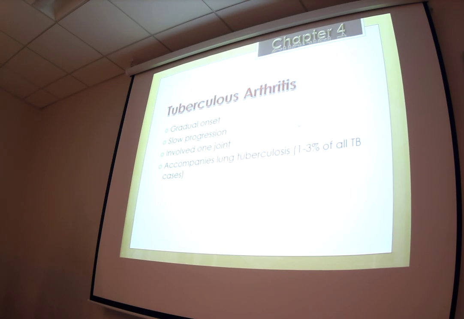It's a very slow progression. Typically it will be involved in one joint, and it will accompany lung tuberculosis. About 1 to 3% of all lung TB cases will end up with tuberculous outcomes.